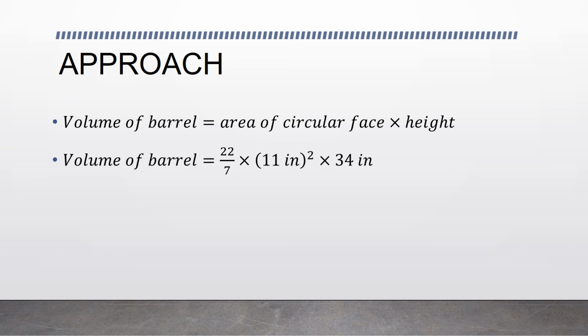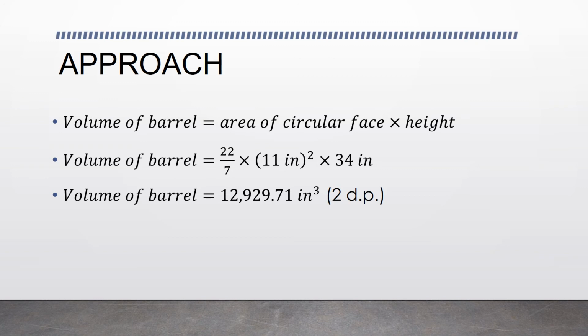Right? Remember, the area of any circular object or circle is pi r squared. So it's basically finding the area of that circular face, then multiplying by the height of the barrel, which was 34 inches.